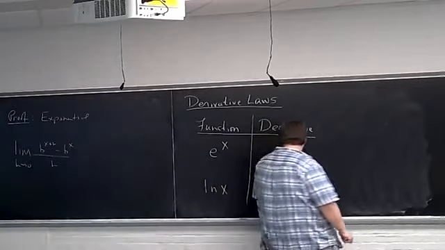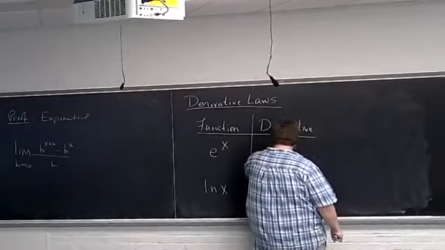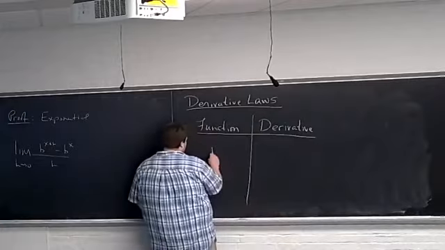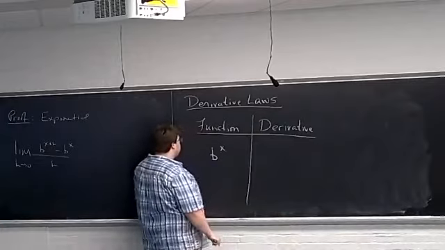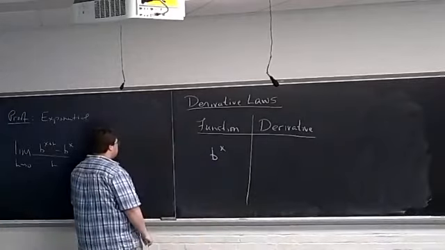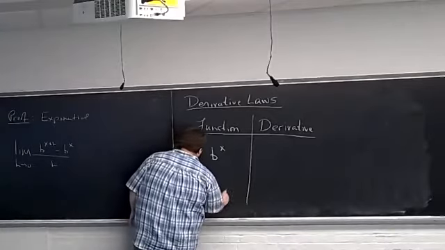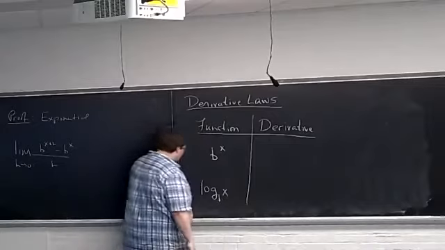What about the general exponential and general logarithm? Meaning, what about b to the x, where b isn't the natural exponent, or it could be actually, and the general logarithm of x, general base b.